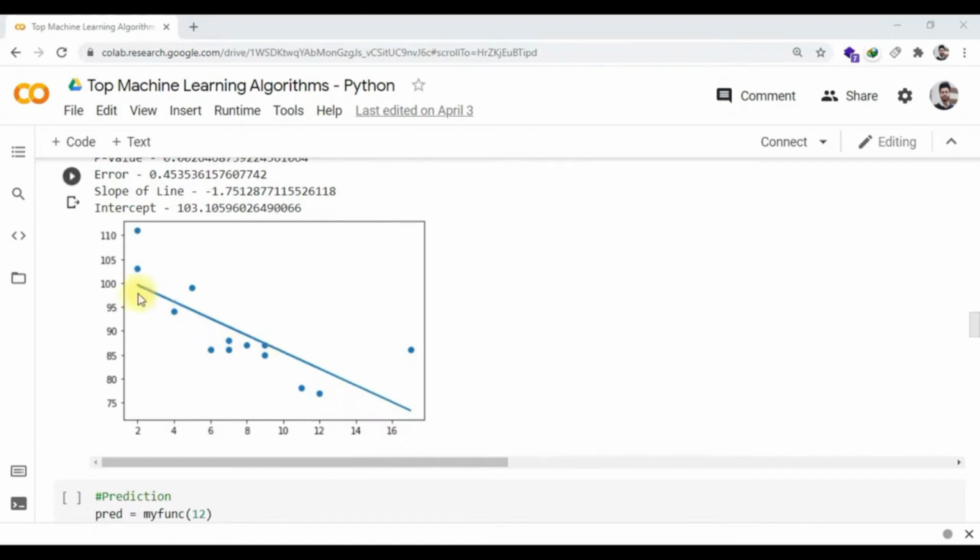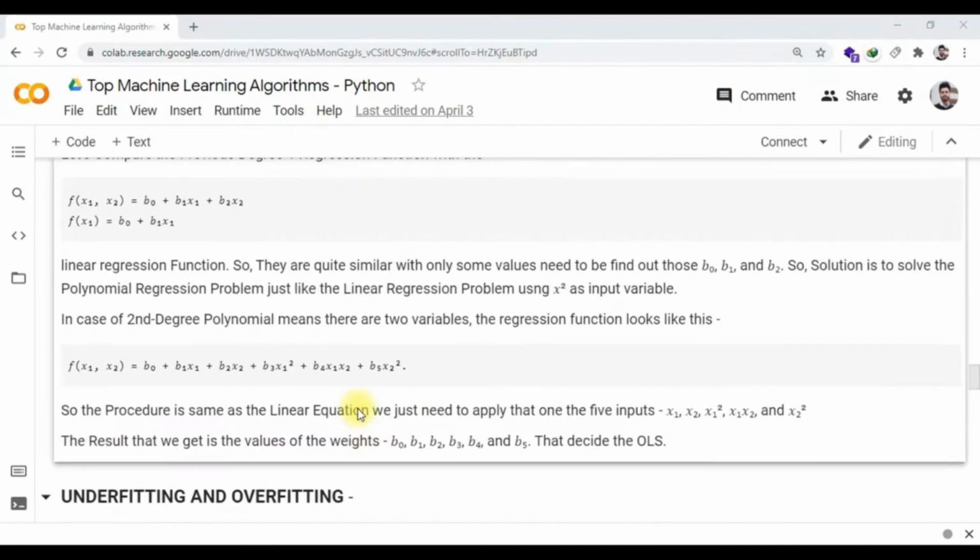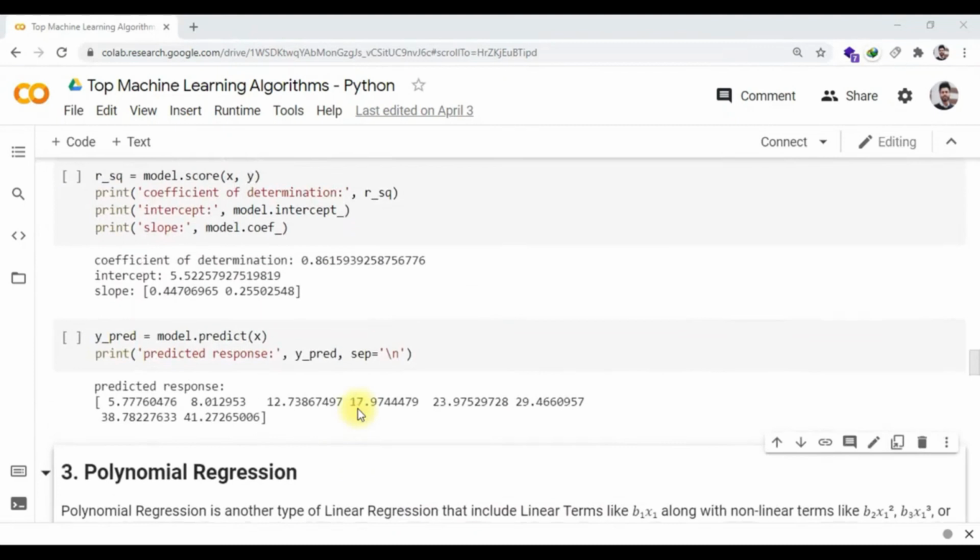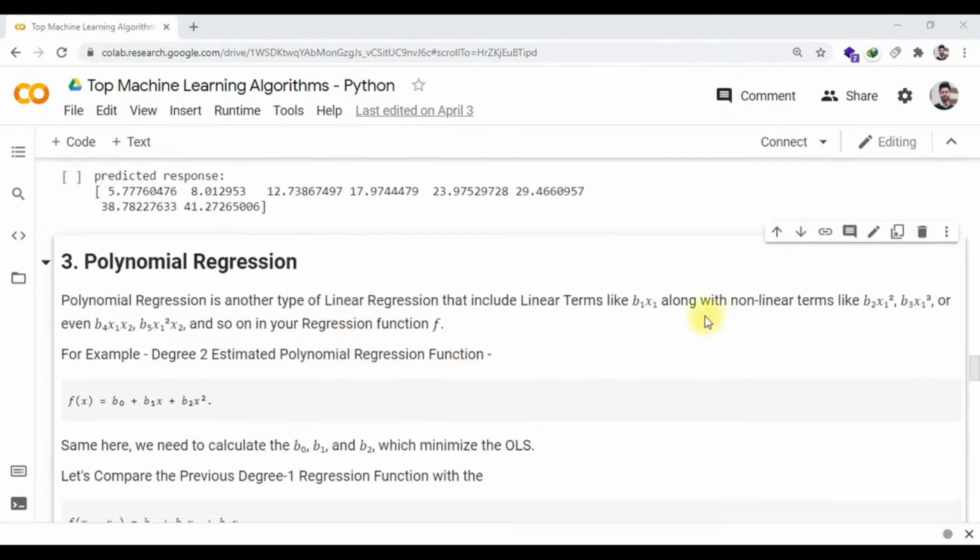But if the polynomial regression has the linear term along with non-linear terms, which do not go in a straight line, then the combination of both the linear terms and the non-linear terms is called a polynomial regression function.